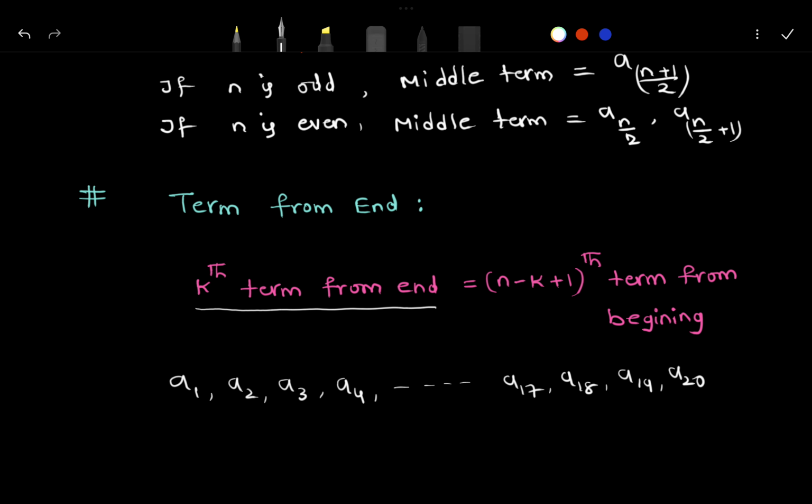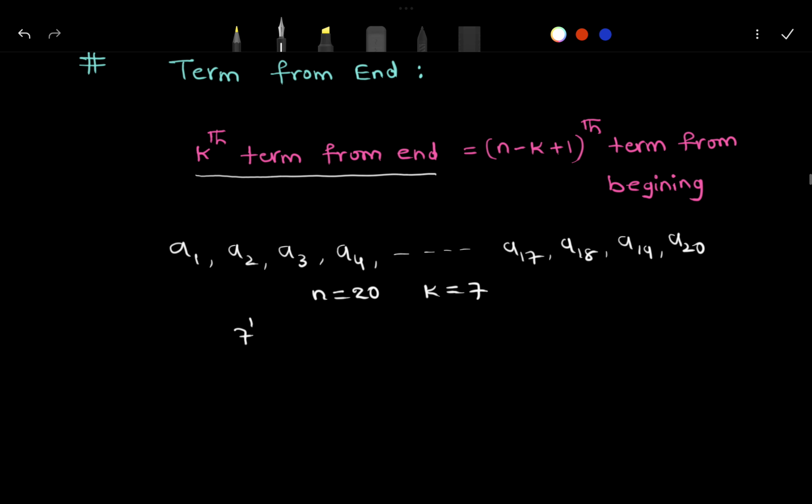Here the number of terms n is equal to 20, and my question is, what is the 7th term from the ending? So k is equal to 7.